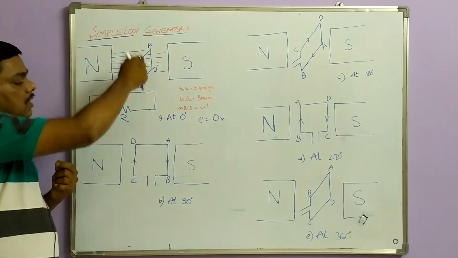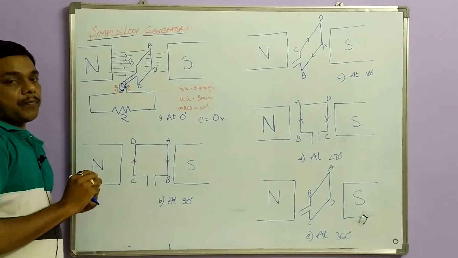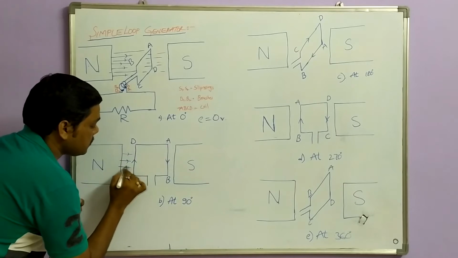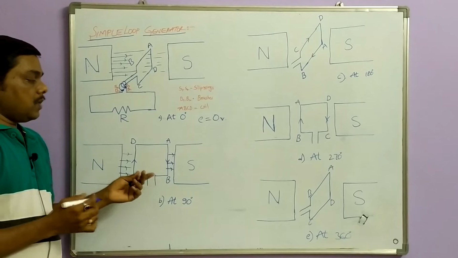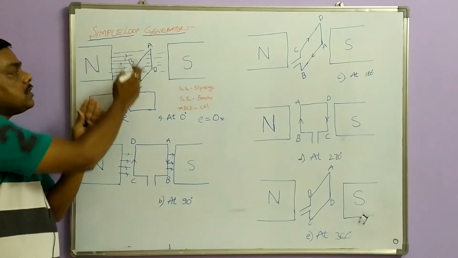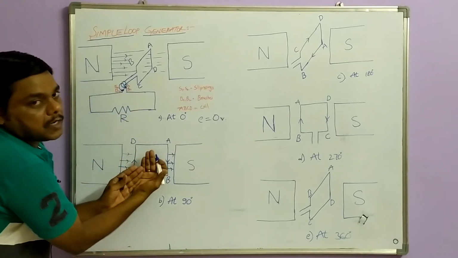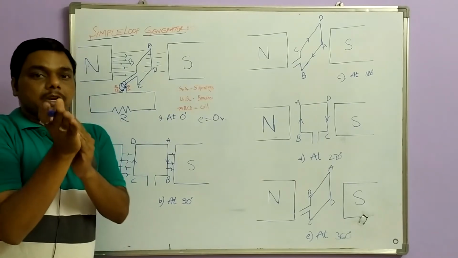This is the total magnetic field, and your conductor starts rotating. It is initially in vertical position and now it is moving into the 90 degrees position.